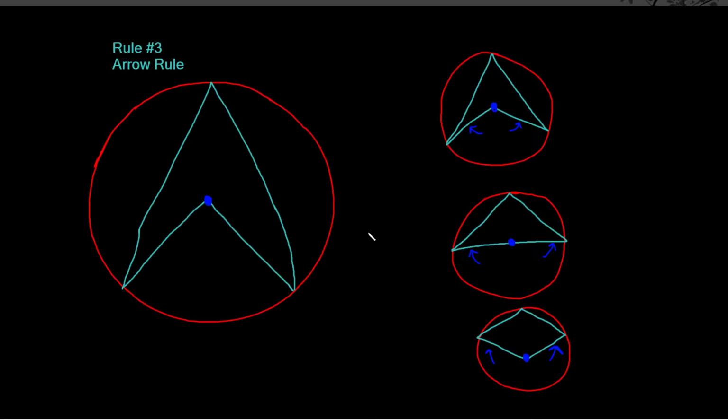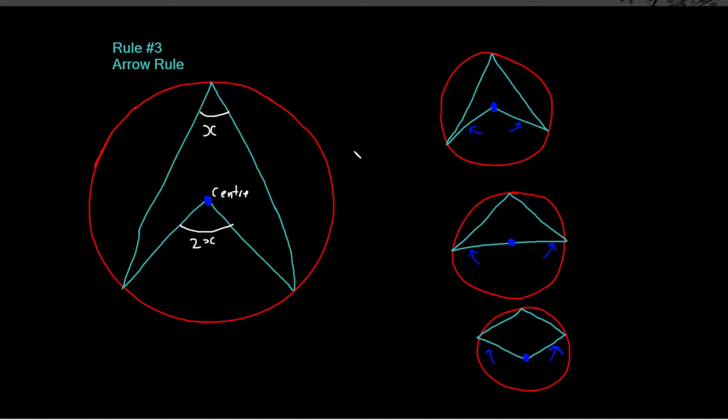Your third rule is your arrow rule. Well, this is a name that we made up ourselves. But what does the arrow rule state? The arrow rule states that if this angle here is x, then the angle in the middle formed by the two radii that pass through your center here would be 2x.